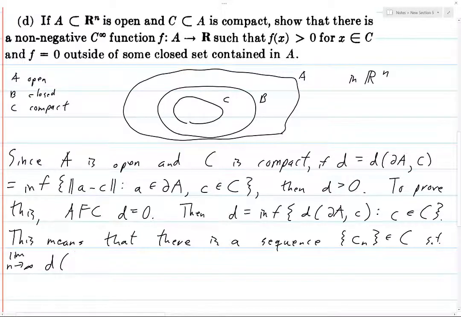Yeah, the distance between c_n and the boundary of A is equal to, no, it's equal to this number D.